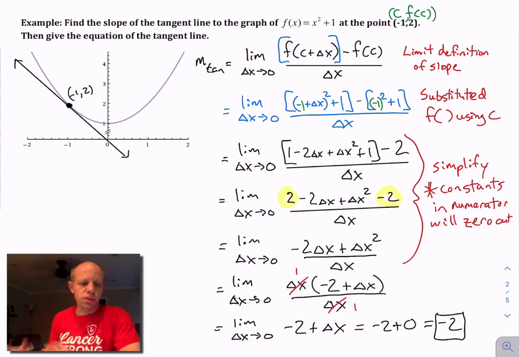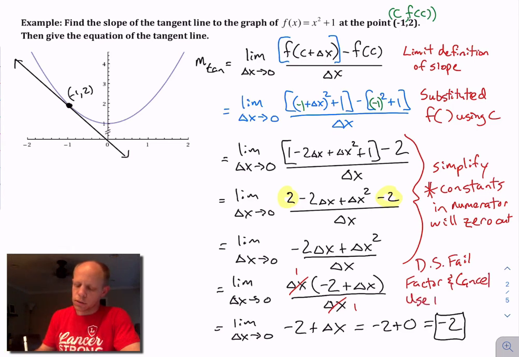All right, so just to recap, in this case, we tried direct substitution, and that failed. So we did the factor and cancel until we could use direct substitution.